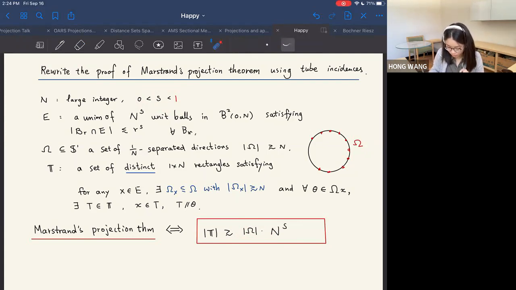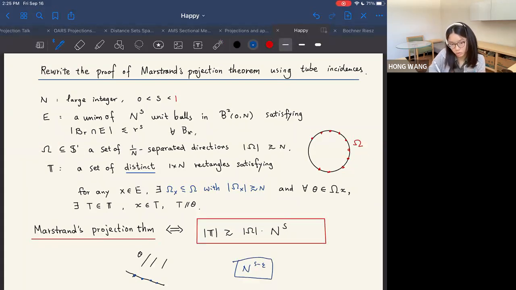Suppose that Marstrand's projection theorem is not true, then we will have a set omega of cardinality about n, and for each direction in omega, the projection image of E is small. That means we can cover the projection image by say n to the s minus epsilon many unit tubes.